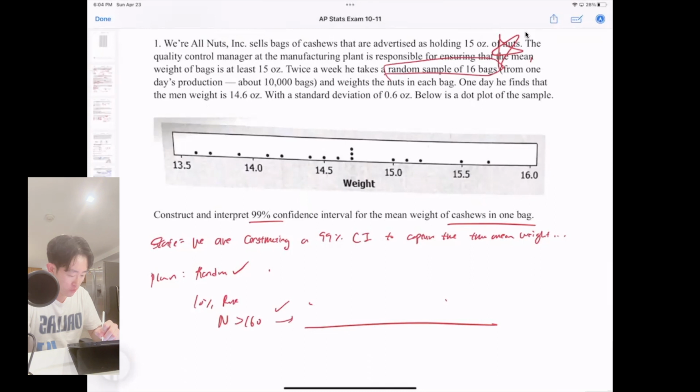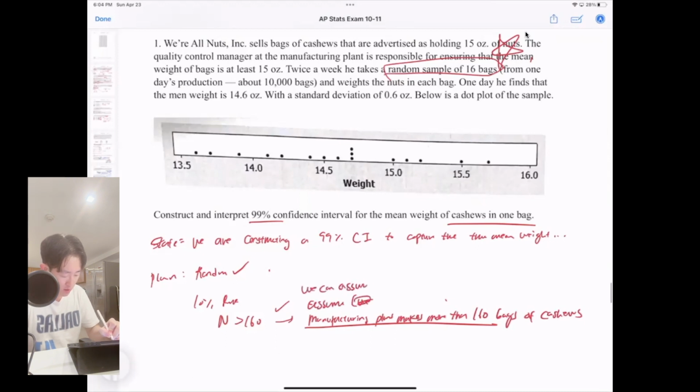Because the manufacturing plant makes more than 160 bags of cashews, we can assume. So we can assume that the manufacturing plant makes more than 160 bags of cashews in this example.